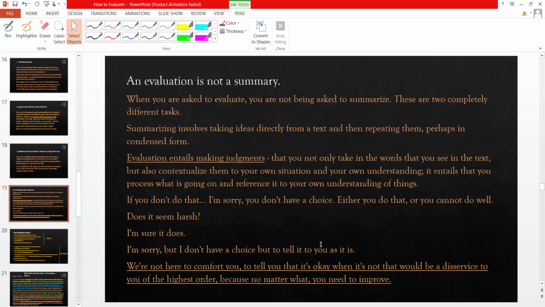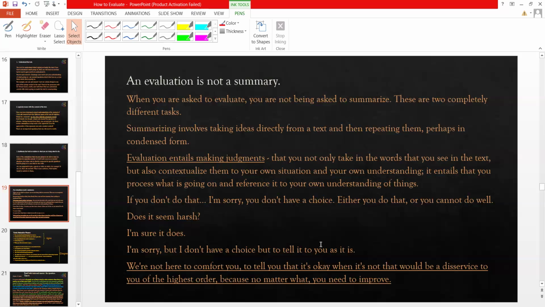Okay, now we are not here to comfort you. See, it's a little harsh here, but to tell you that it's okay when it's not would be a disservice to you of the highest order, because no matter what, you need to improve. If you are not aware of how to evaluate the text, that is not good.